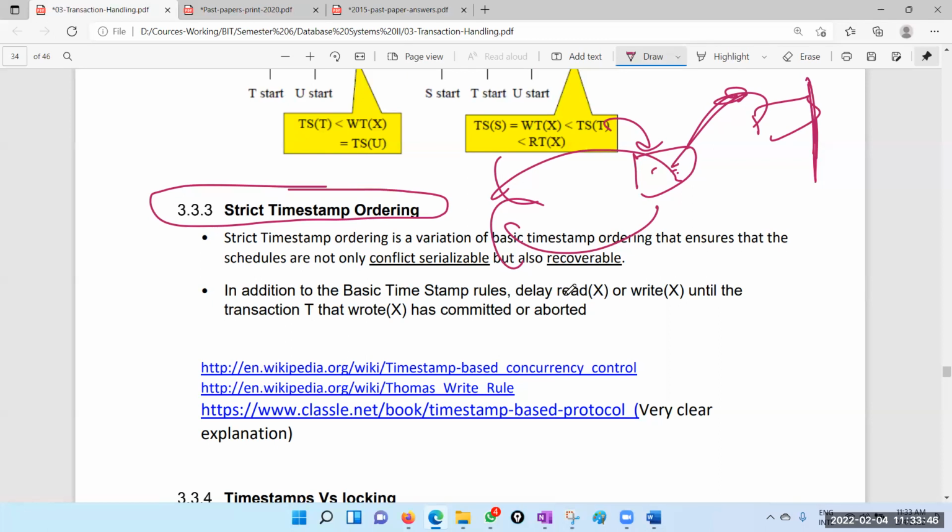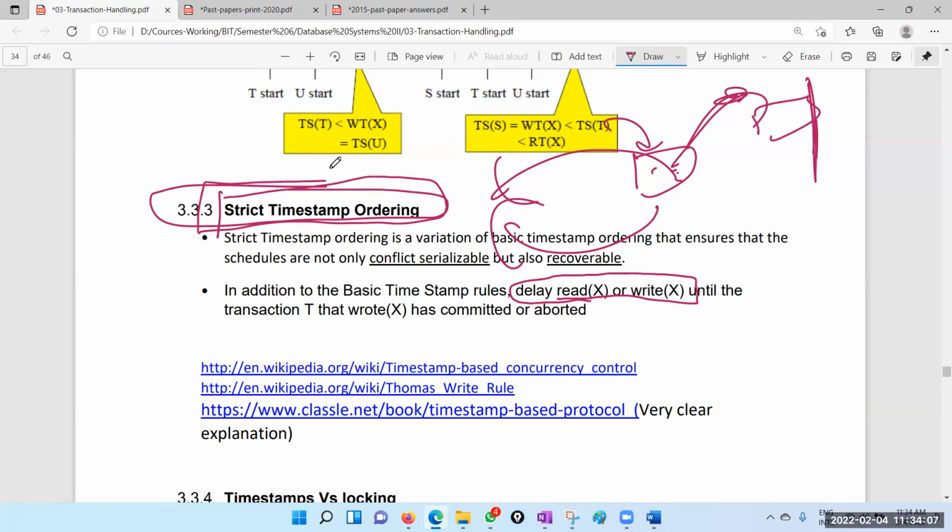We can delay both read and write operations until the commit bit is 1, or that transaction has committed. Only then do we do the read or write operation and update the timestamp of the resource. Then we say it's strict timestamp ordering.